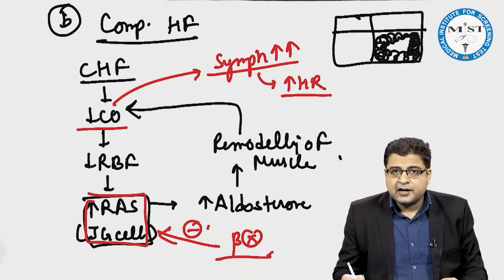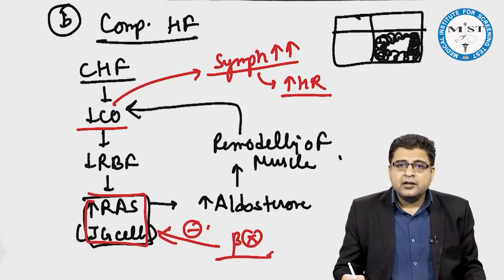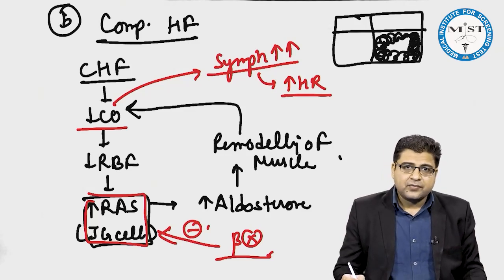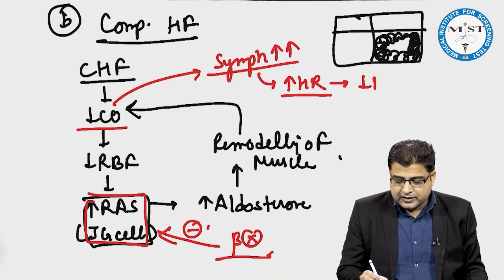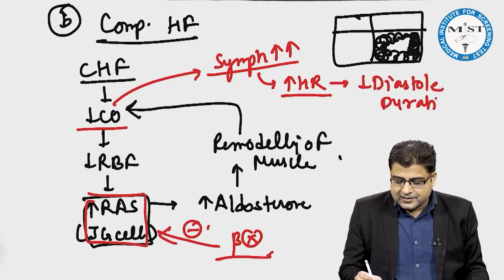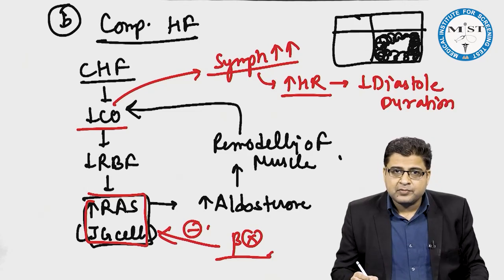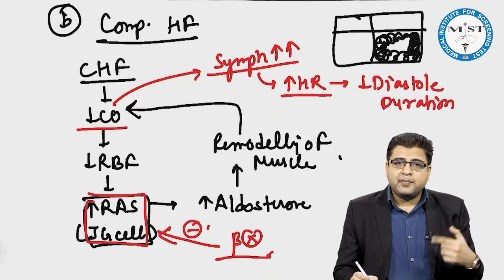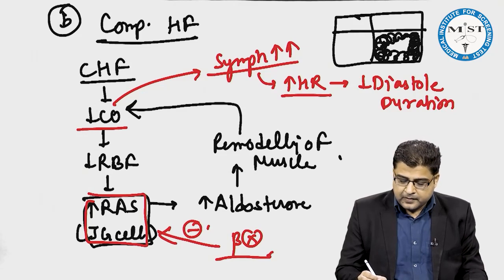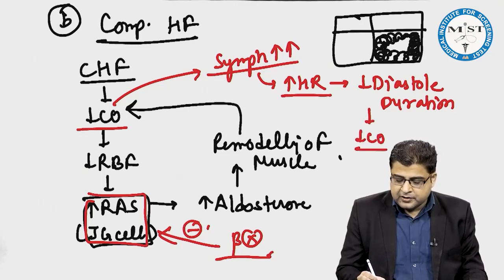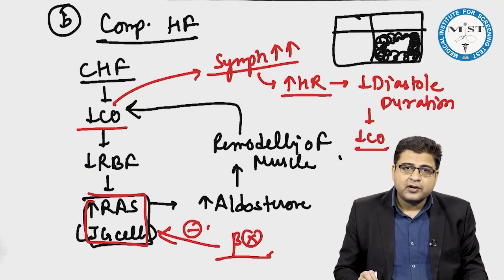And if there is tachycardia, we already know that diastolic duration will decrease. And if diastolic duration decreases, then heart muscles will not be able to get sufficient blood supply, and this will further impact their inotropic effect, and cardiac output keeps on decreasing.